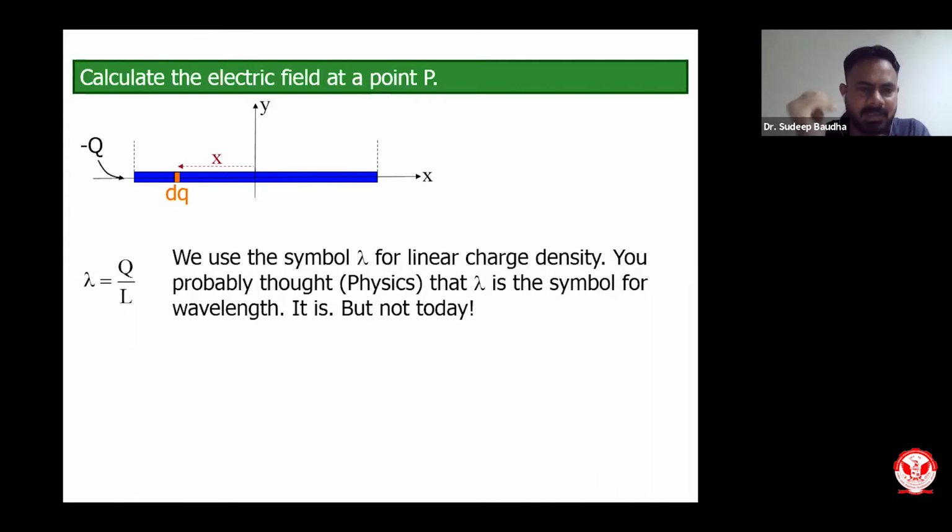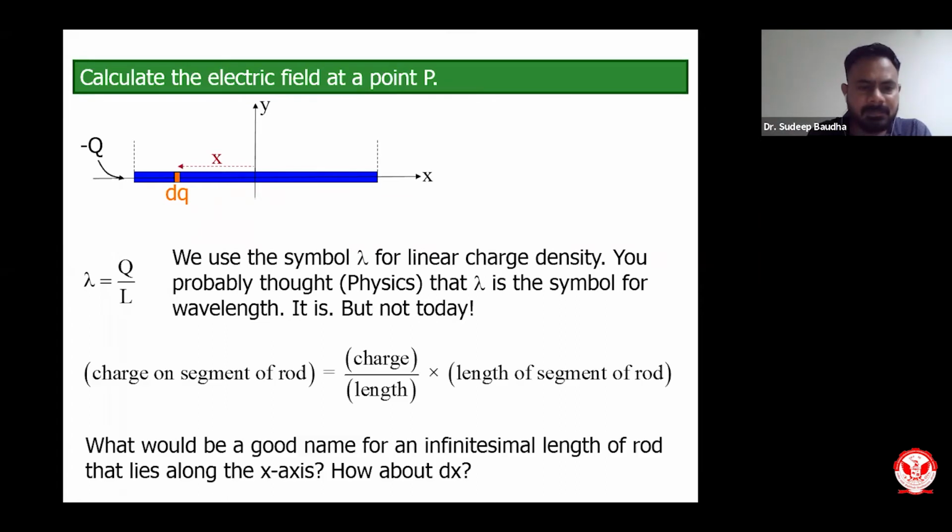But here lambda denotes charge density, in this case linear charge density. For some other case, I will denote lambda as surface charge density, even volume charge density. If I denote it as lambda L, that indicates linear charge density distributed across the rod. So I have lambda equals Q upon L.